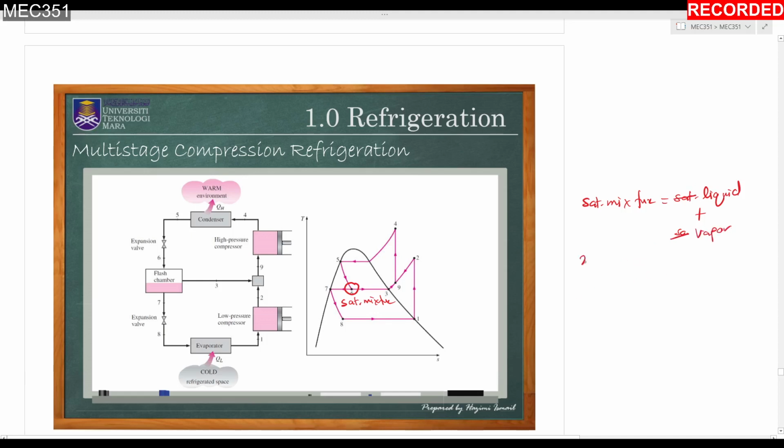Okay, so we have a fraction, which is mg over mf plus mg. If you recall what mg and mf are, mg is the mass of the vapor and mf is the mass of the liquid.